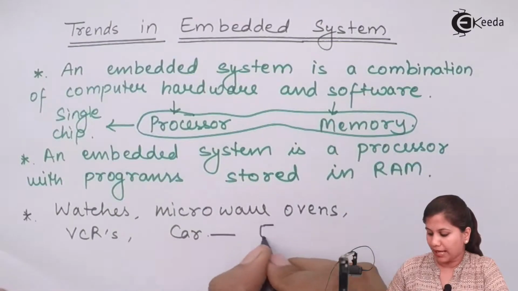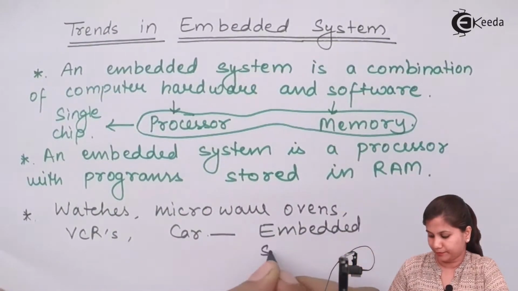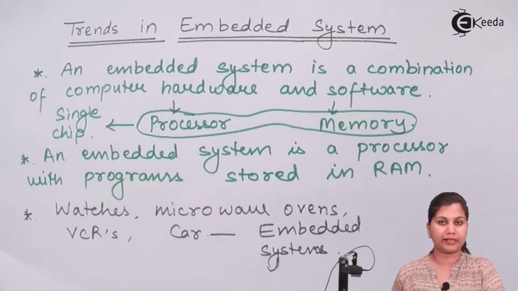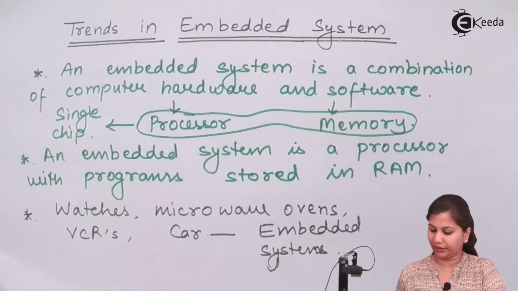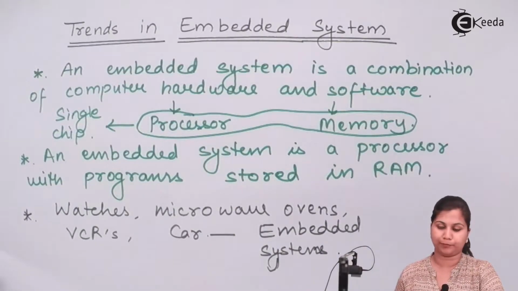They are all examples of the embedded system. So all the applications in which a digital interface is present in some way or other will be an example of the embedded system.